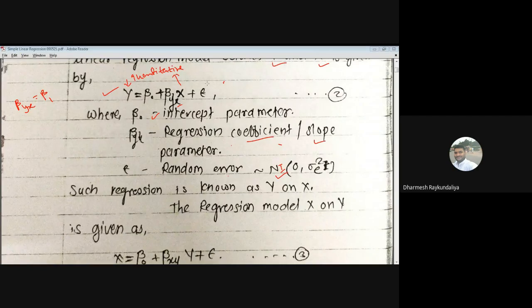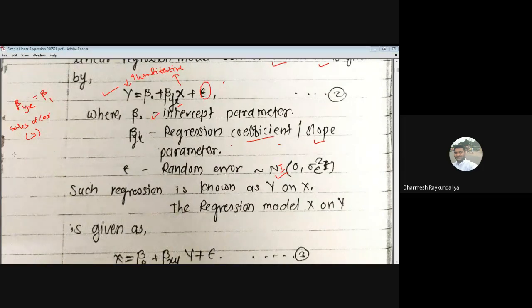And why this epsilon? Epsilon is nothing but the errors, but it is the effect of all other variables which are affecting your response but which you have not considered in your study. For example, if I am looking at the sales of a car, the sales of a car is y.